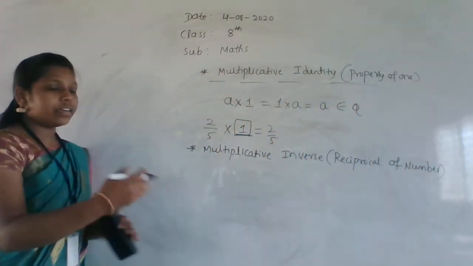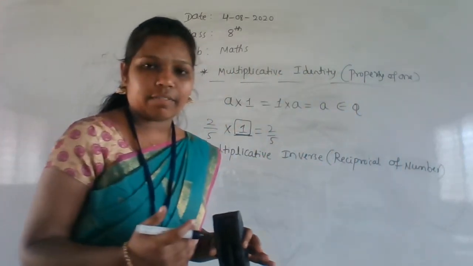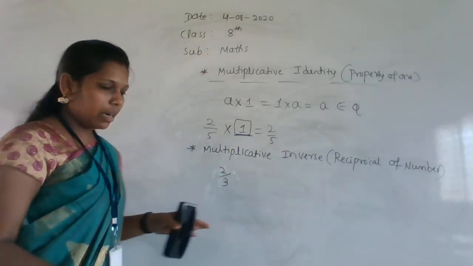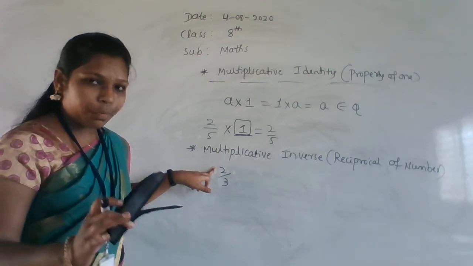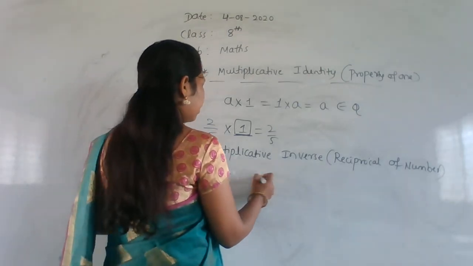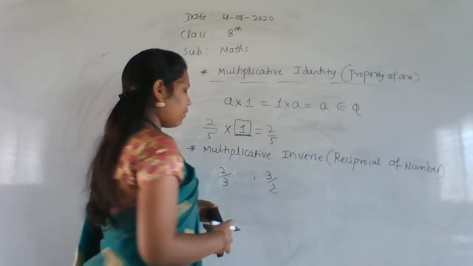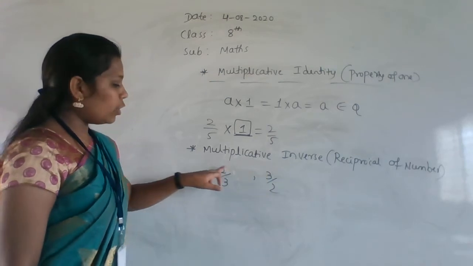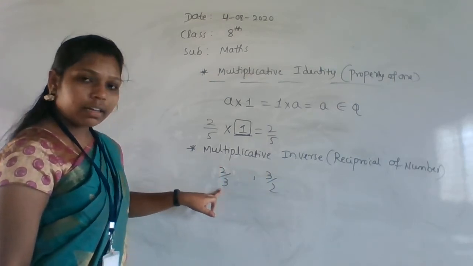Reciprocal means you have to interchange the denominator and the numerator value. See here, 2 by 3 is there. It is one rational number. Here the numerator is 2 and the denominator is 3. If I interchange the values, you have to write the denominator as the numerator and the numerator as the denominator.